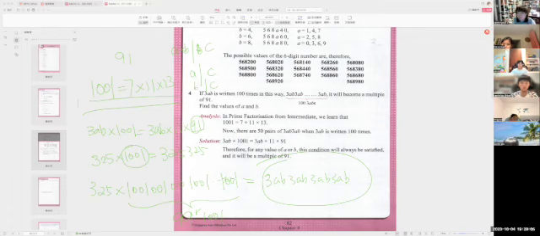Because 3ab is divisible by 11 times 91, that's why 3ab is divisible by 91. So 3ab, and a lot of 3ab, is also divisible by 91. Get it, everybody? Okay, so we can find out the value.